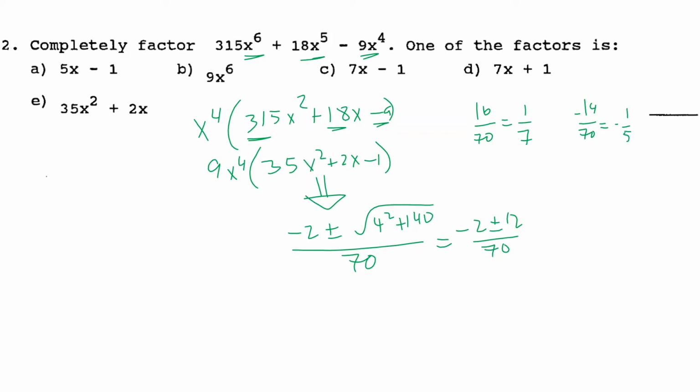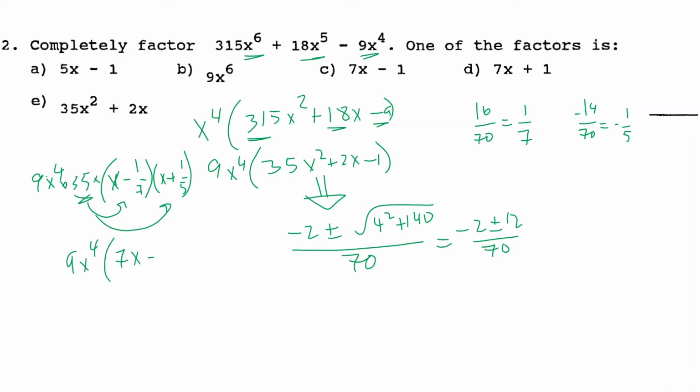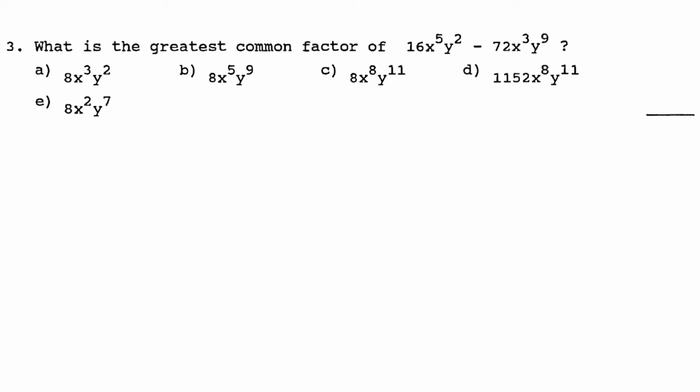So my whole thing is 9x to the 4th times 35 times x minus 1 over 7 times x plus 1/5. And then I gotta multiply the 35 in here. So it's 9x to the 4th times 7x minus 1 times 5x plus 1. Completely factored it. So one of the factors, 5x plus 1, 7x minus 1, C.